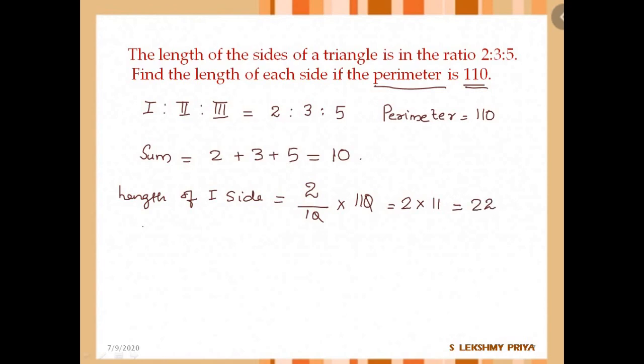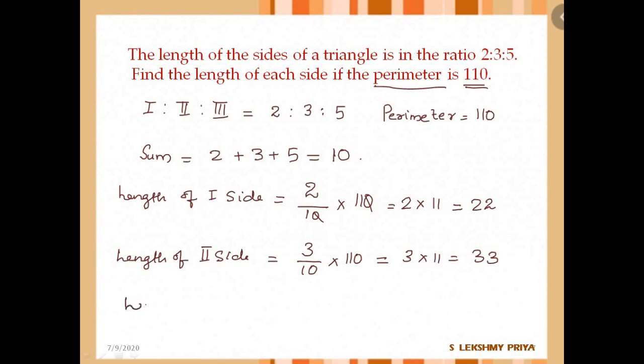So length of first side is 22. In the same way, length of second side equal to second term is 3, sum is 10 and the perimeter is 110. 0 get cancelled each other. 3 times 11 it is 33.